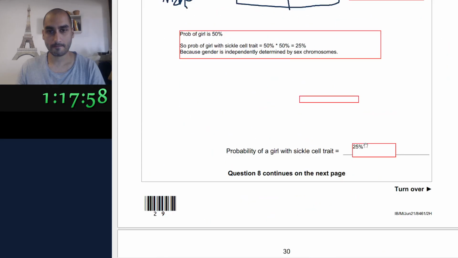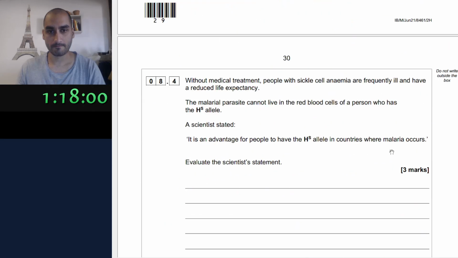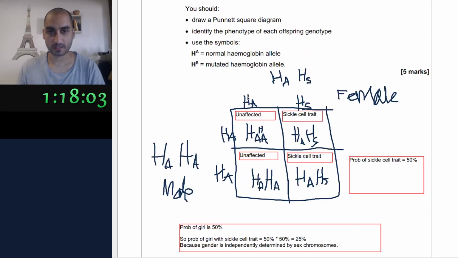Okay. All right. I think I should get those 5 marks then, unless a Punnett square is something completely different.